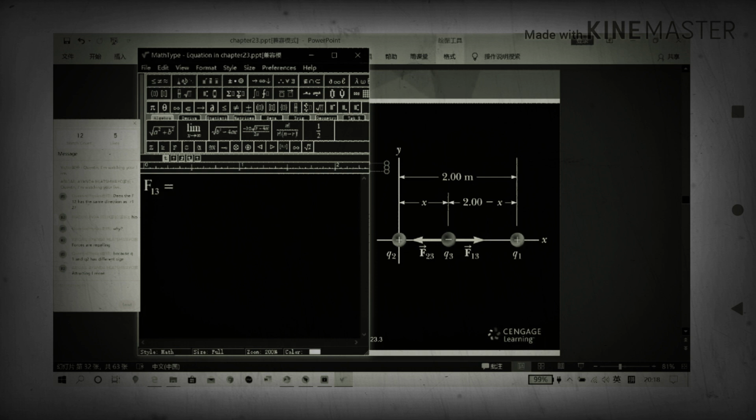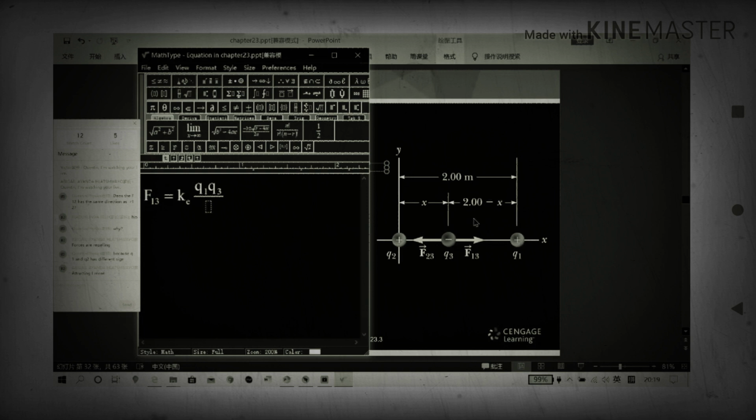So the magnitude of F13 equals, let's say, KE Q1 times Q3. And then what's the distance between Q1 and Q3? I was trying to calculate this distance, x.